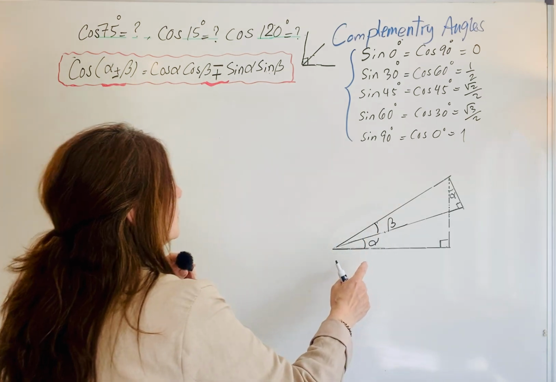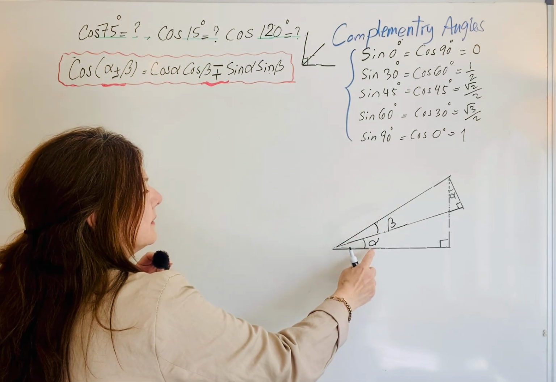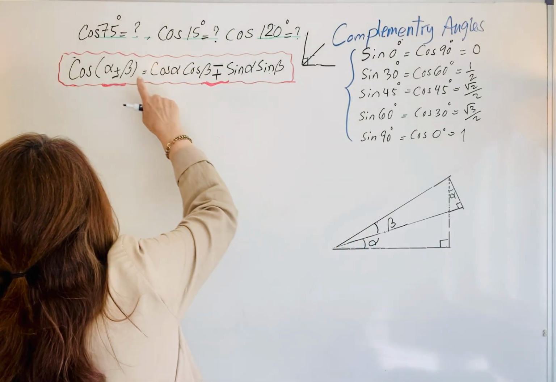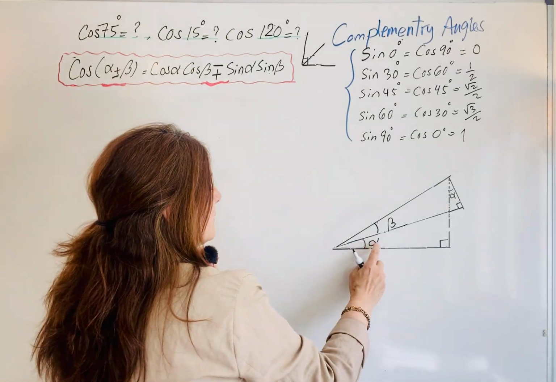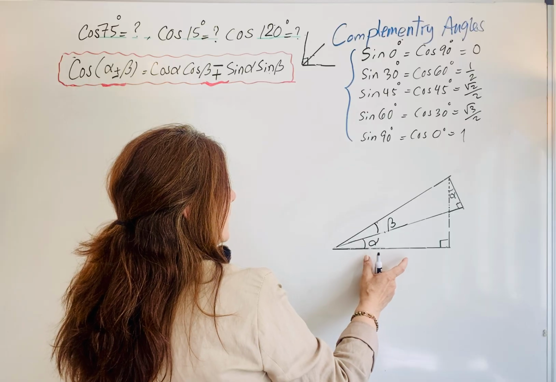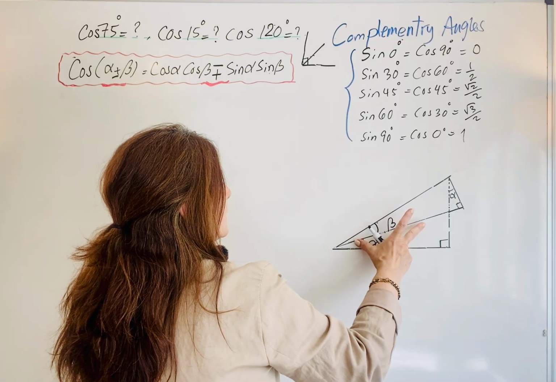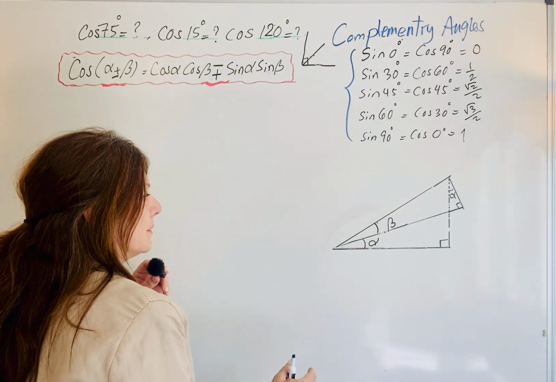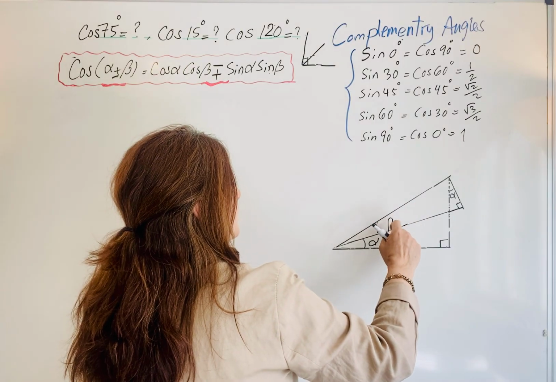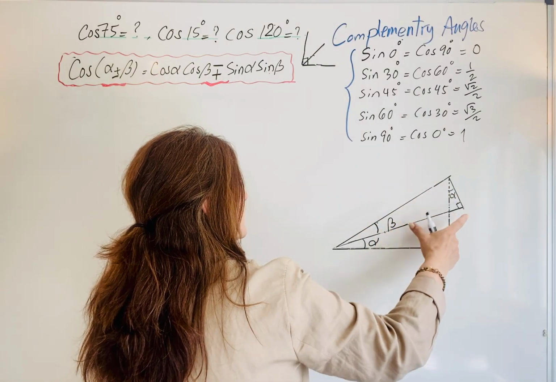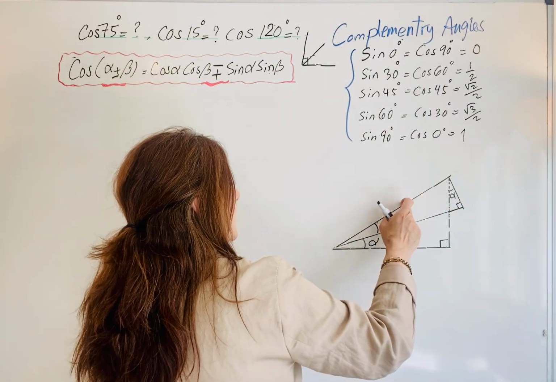And if we have two angles, this time we are talking about cosine. Cosine of this one is the adjacent side over the hypotenuse. And for beta, somewhere else, this side over the hypotenuse.